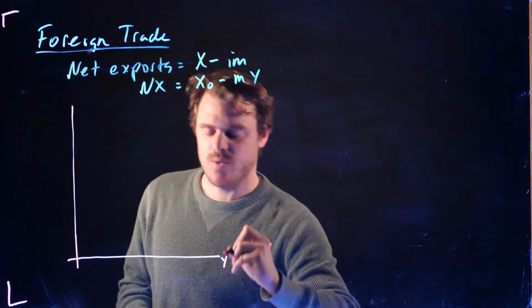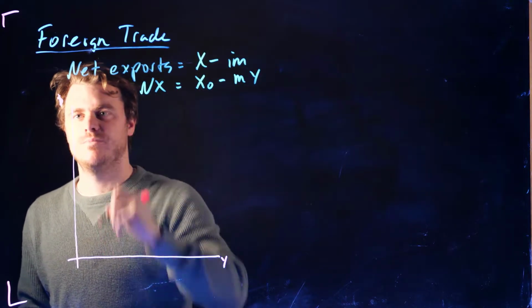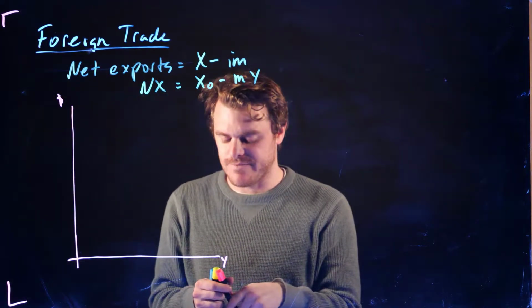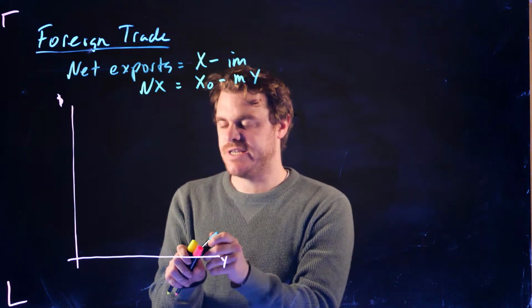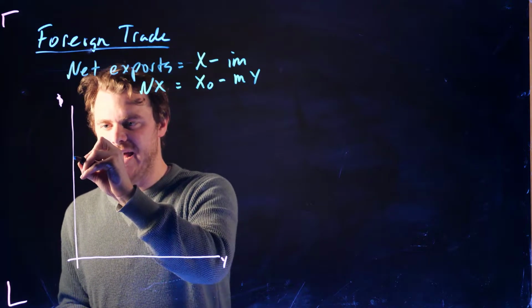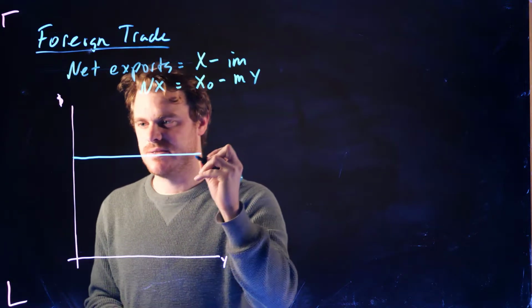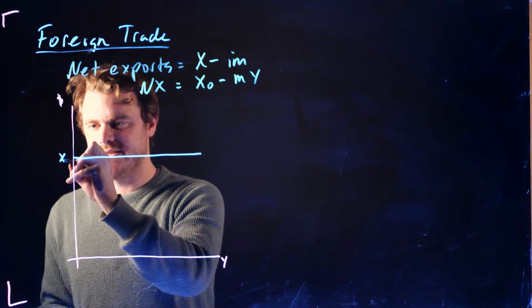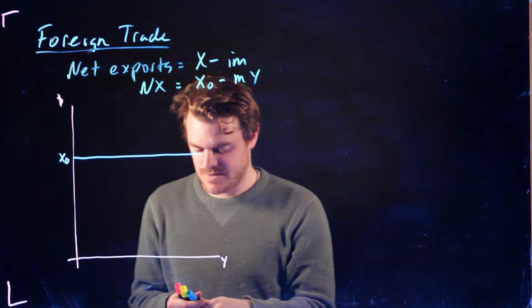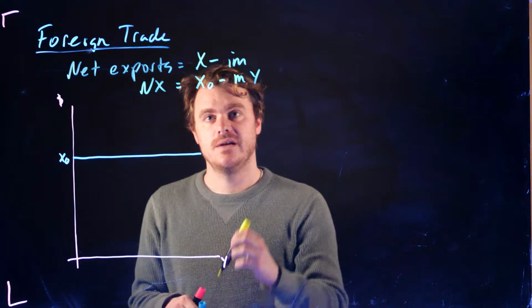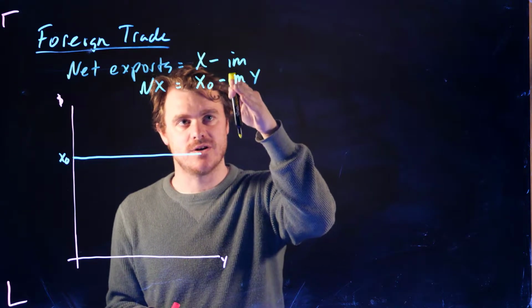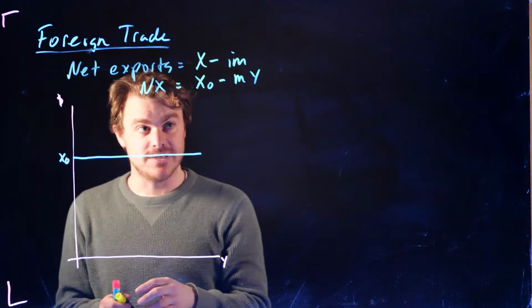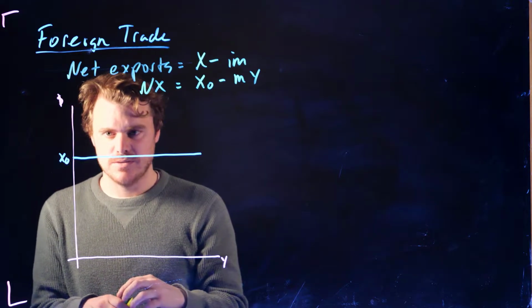So we can change Y and we can put the dollar amount in billions or whatever it would be. If we're just drawing these individually, X0 is just some constant. So this is that X0. And then for imports, if Y equals 0, imports are equal to 0, because M times 0 is 0.